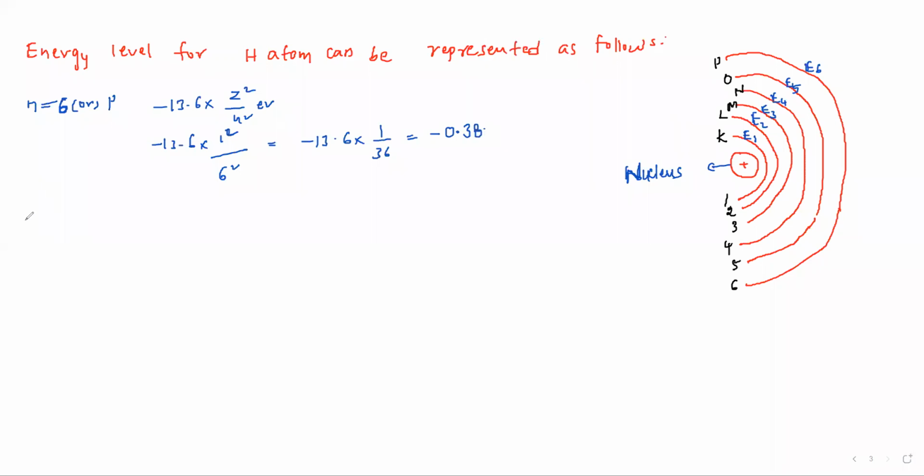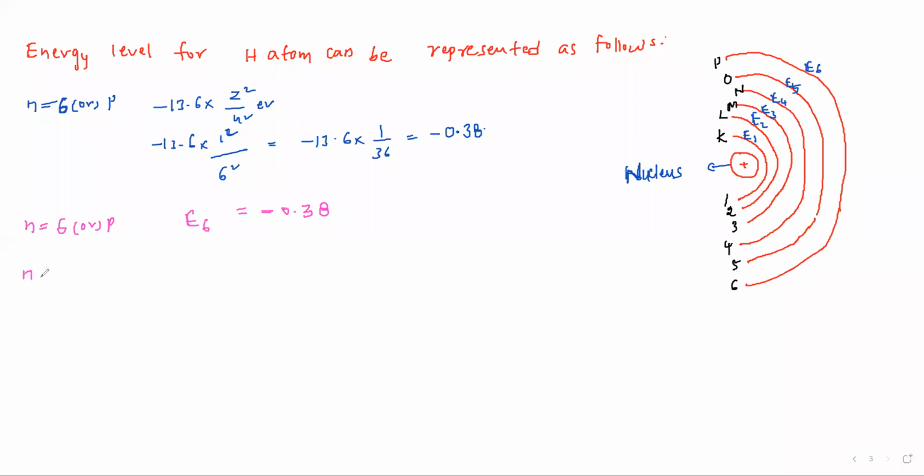Now n equal to 6, the P shell, that is the sixth shell energy, equal to minus 0.38.